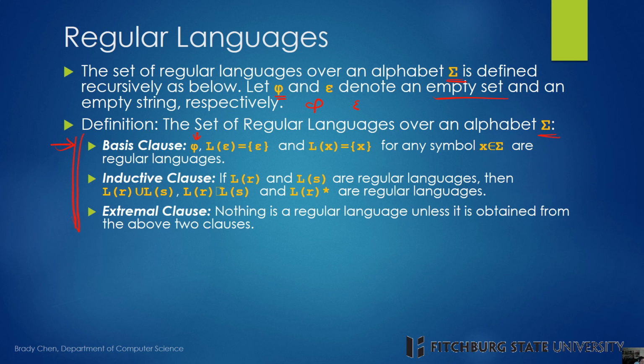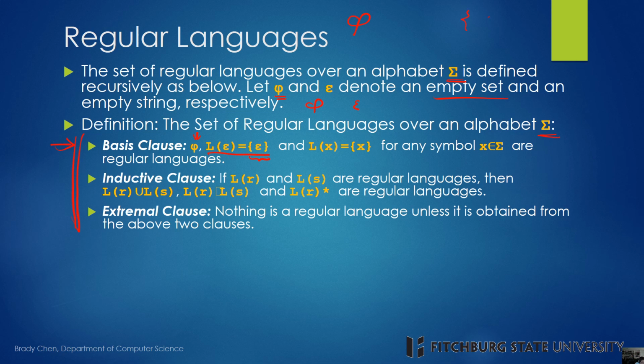Then we define a set which contains the empty string. We use L of epsilon, which is the curly bracket with an epsilon inside. Now you should know the difference between the empty set and the set which contains the empty string.